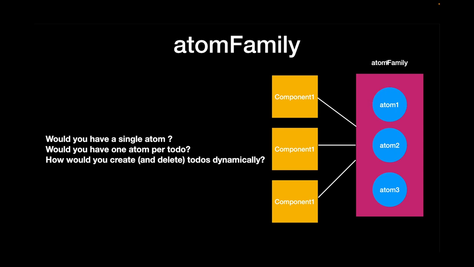I repeat, what does atom family give you? If a component wants an atom specific to an input, it gives me the input, and I return that specific atom. This is how you can dynamically create more and more atoms for a use case similar to the one I'm showing right now.